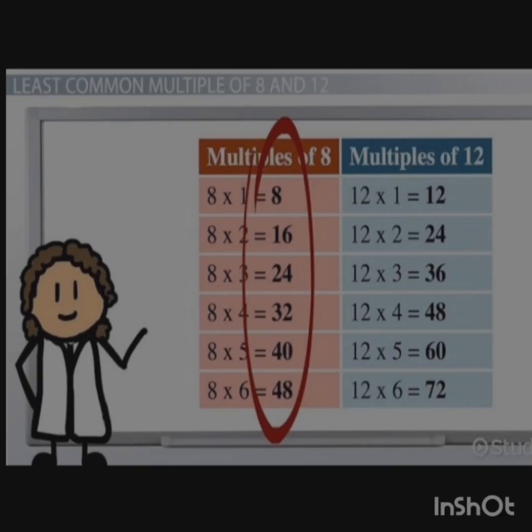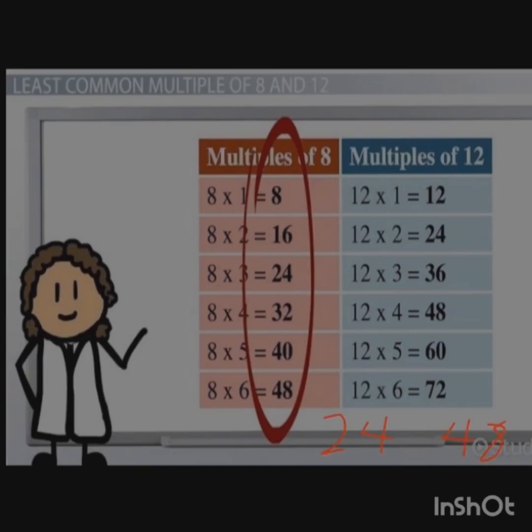So the multiples of 8, as you can see, have been circled here. Multiples of 8 are 8, 16, 24, 32, 40, and 48. The same goes for multiples of 12, that is 12, 24, 36, 48, 60, and 72.